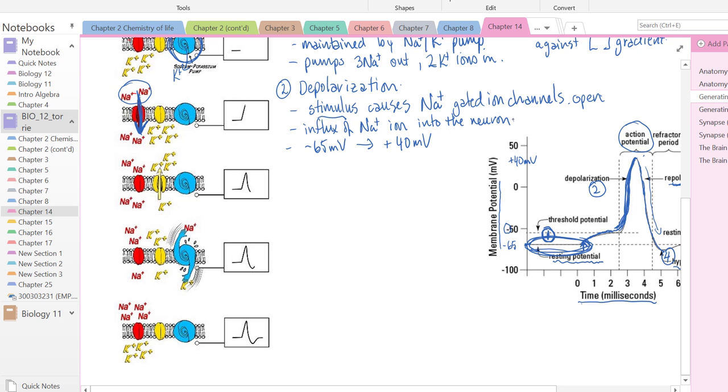And that's depolarization. Sometimes you might see it referred to as the upswing in the action potential in some books, but definitely make sure you understand depolarization.